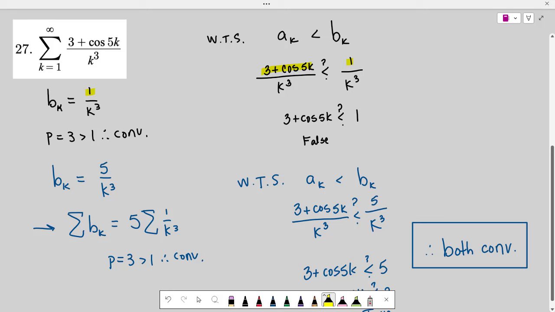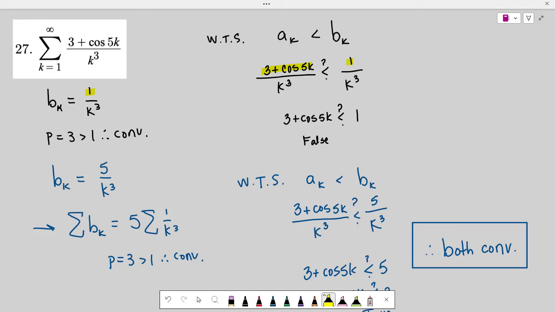What we said was the denominators are going to cancel no matter what you choose in your numerator for b sub k. So let's create a b sub k that still converges but has a more useful numerator, because it will make the inequality hold. We could choose 5 or 6 or 10 or 100 or 1,000, whatever we want.